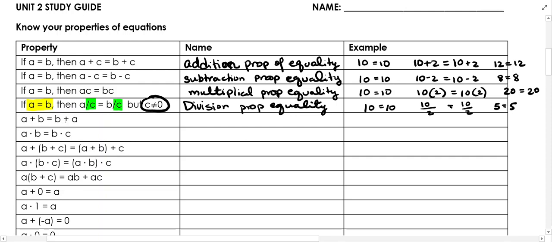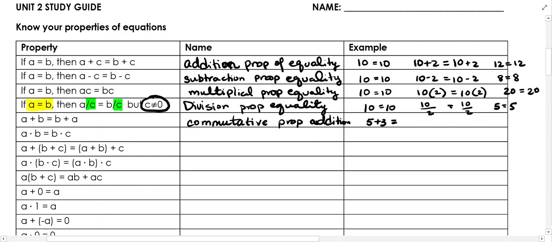A plus B equals B plus A. This is the commutative property over addition, because we got a plus sign in between those terms. So let's say that you have 5 plus 3.